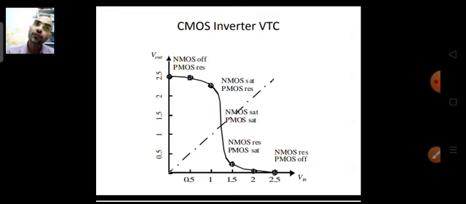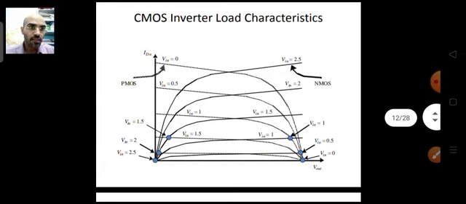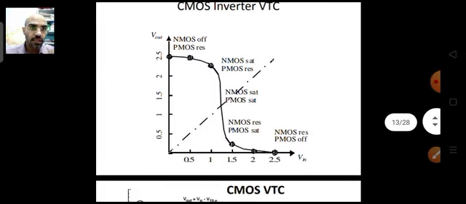NMOS, as I told you earlier, works in the cutoff region, whereas PMOS works in the resistive region. Similarly you can find this for the other intersection points. In the previous slide there are 6 intersection points, and in this slide also you can see the 6 points, and for these you can separately point out in which regions the MOSFET will work.